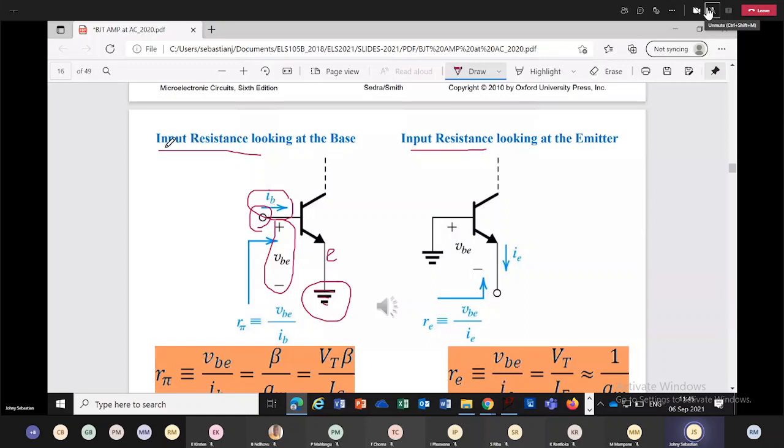It is given a new name: R suffix pi, R pi, defined as VBE over IB.